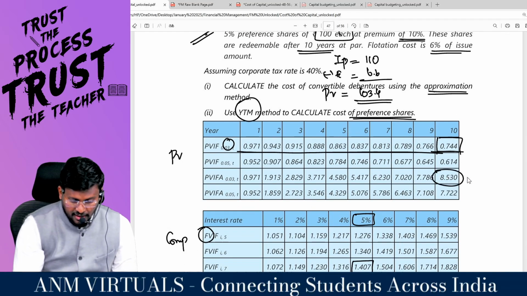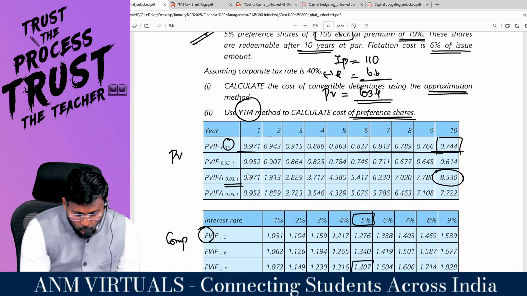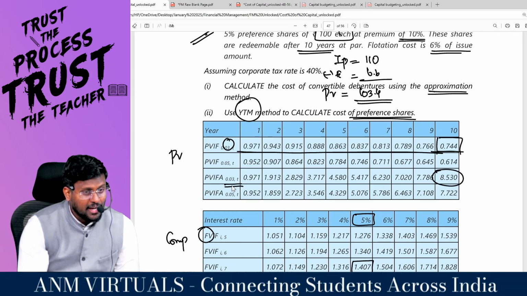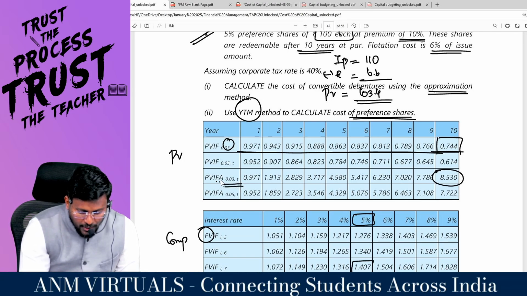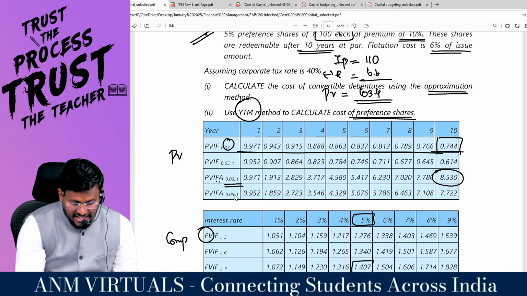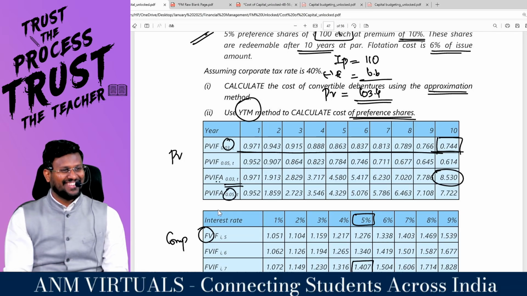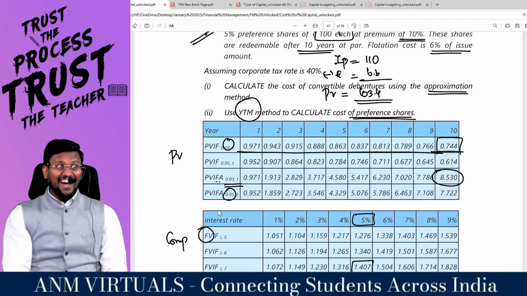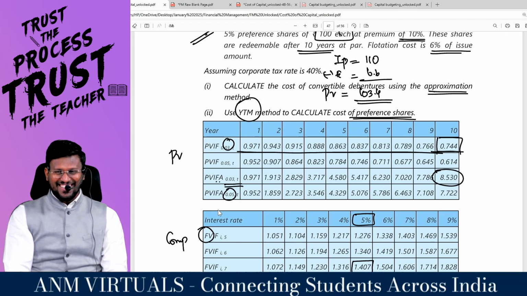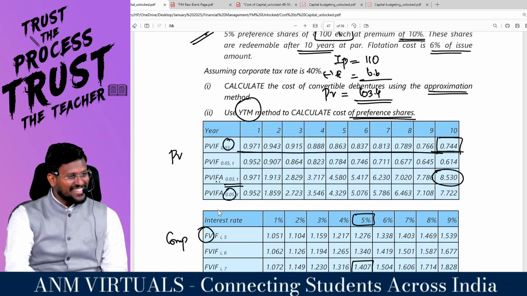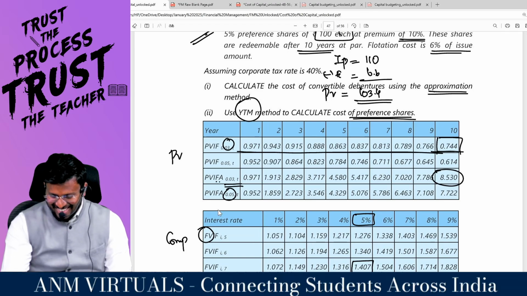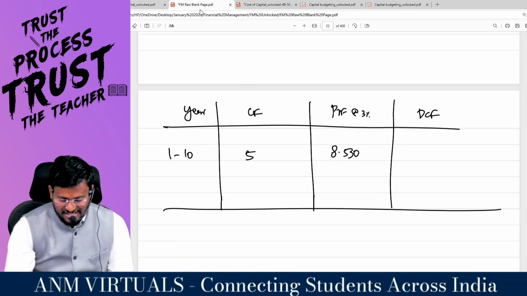Total also they have given here. 8.53, the 3% total. Present value annuity factor also given. Even 5% also given. So indirectly they themselves are saying to try at 3 and 5. Don't expect every question to have this. So 8.530. Fantastic, sir.